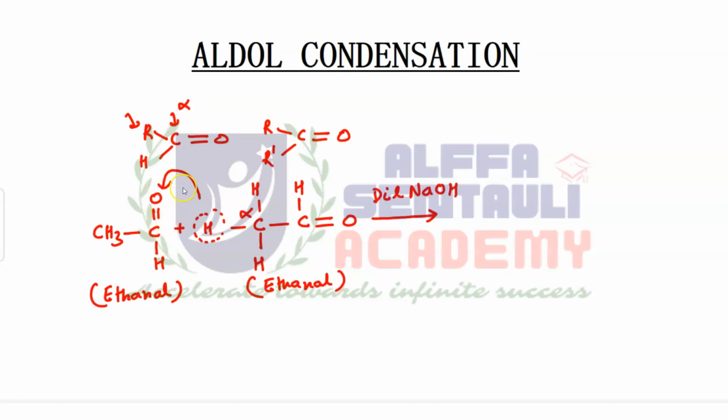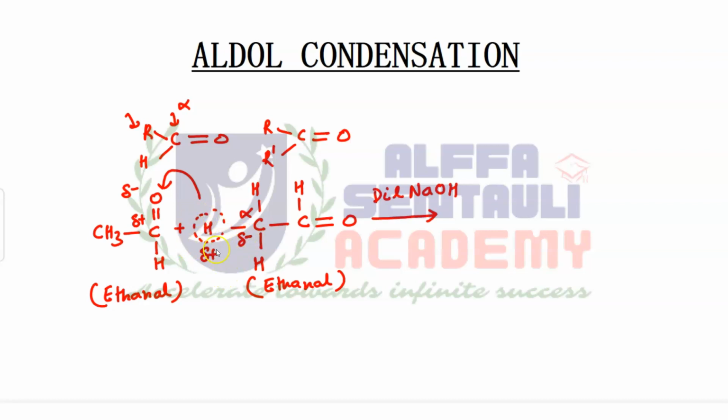Due to the electronegativity difference, right? Since oxygen is more electronegative, it will pull the shared pair of electrons towards itself. Carbon will become slightly electropositive, and a partial positive charge will be developed. This carbon is more electronegative than the hydrogen, so hydrogen will be delta positive and carbon will be delta negative, correct?